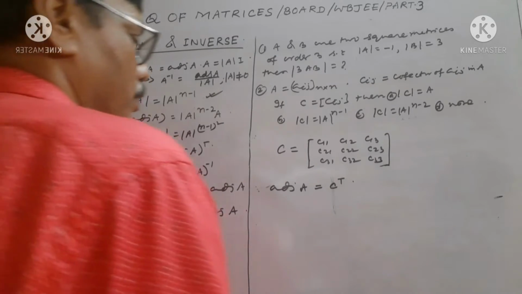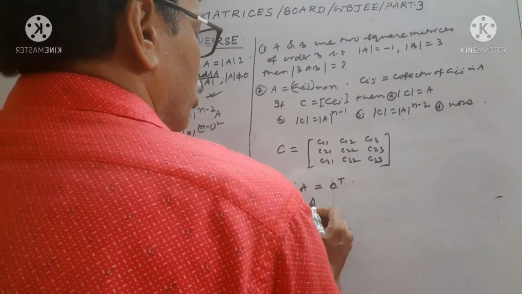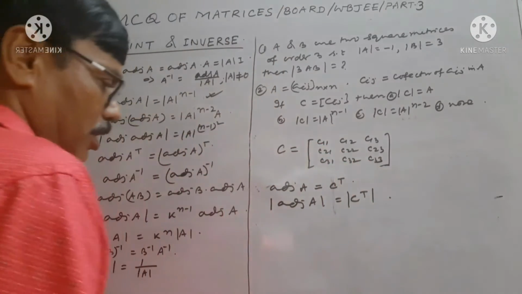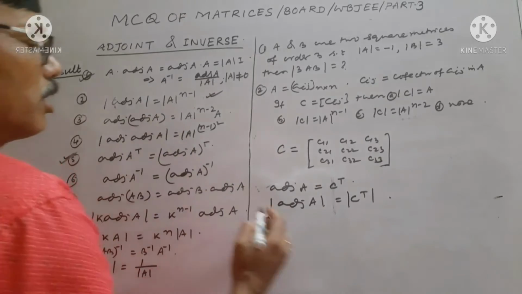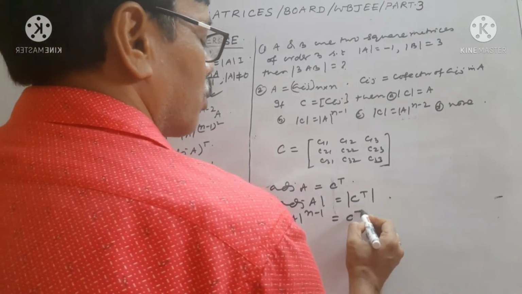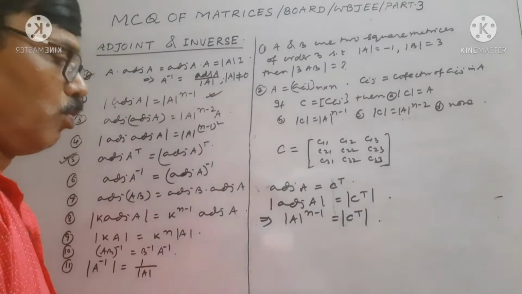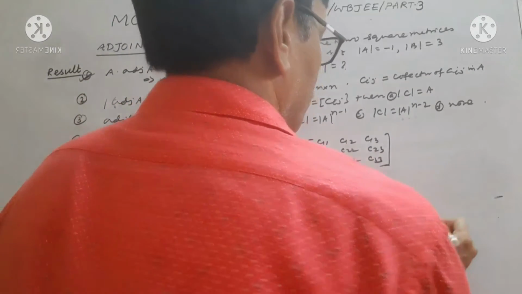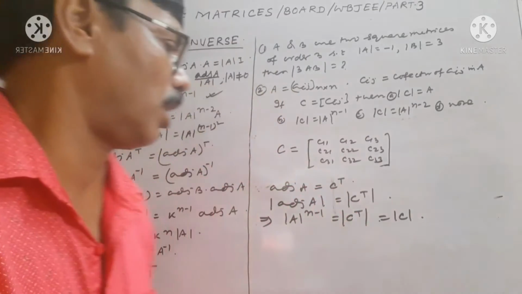Now, taking determinant, adjoint of A equals C transpose, then determinant. And by the well-known theory, determinant A to the power n minus 1 equals determinant of C transpose. We know determinant of C transpose equals determinant of C, since C transpose changes rows into columns.